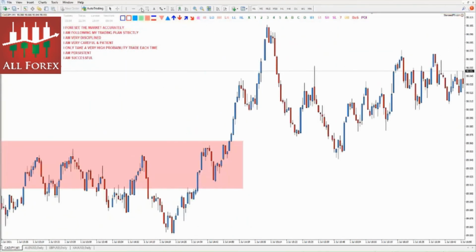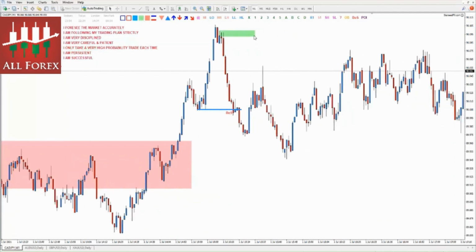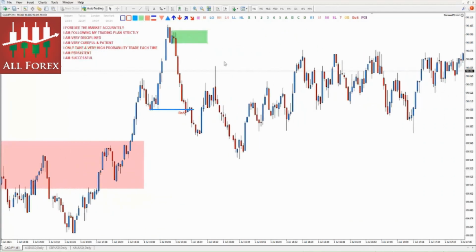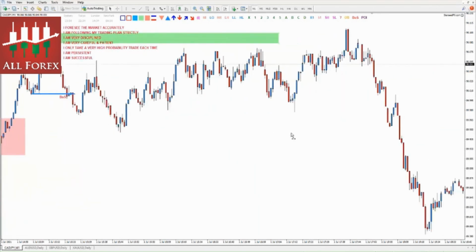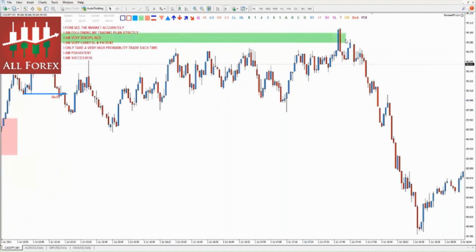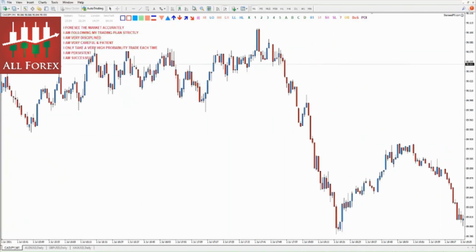So I see this one as a clear break of structure here. Swing high, swing low, break of structure. My order block is the last bullish candle before the breakout happened, and I remember this one is a losing one because I was successful on the second one, which is here.